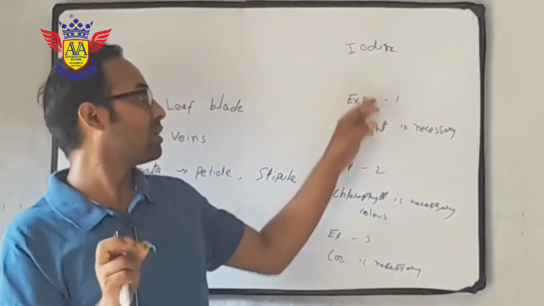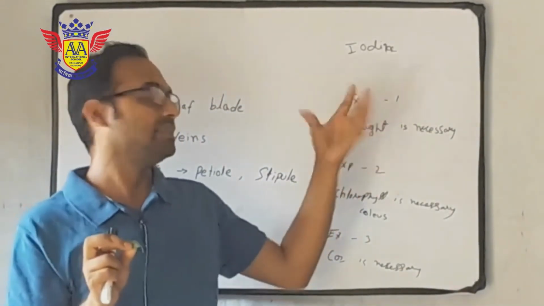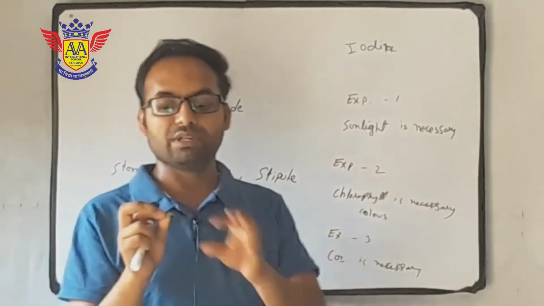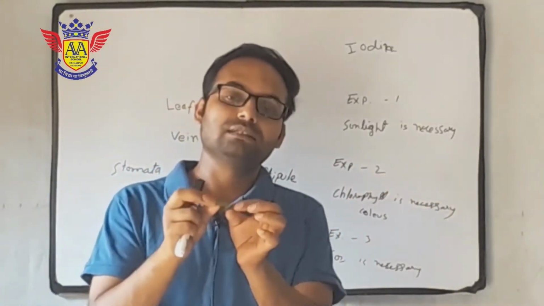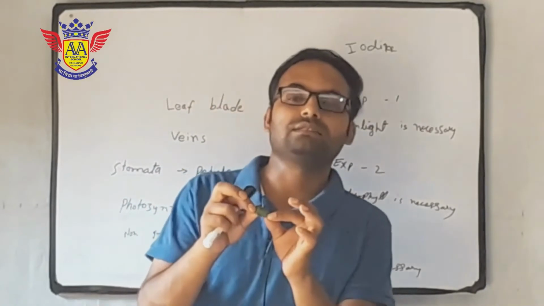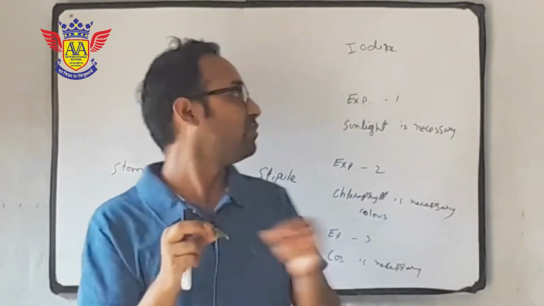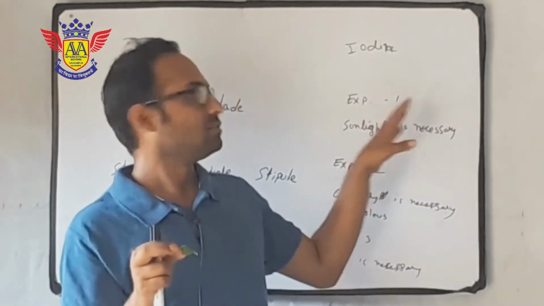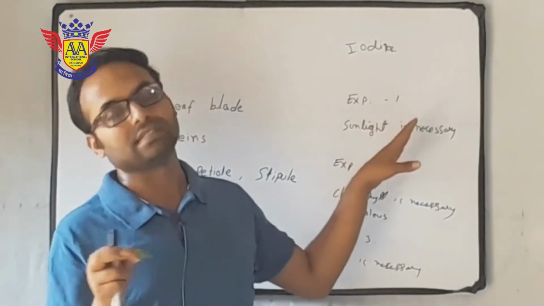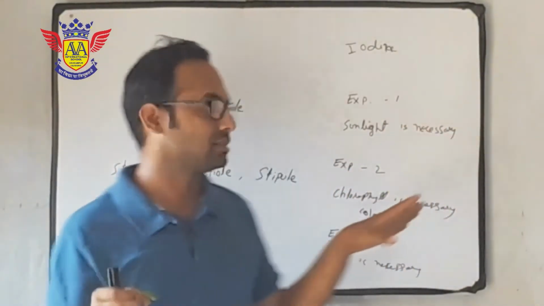If there is no color change, that means there isn't starch, so no photosynthesis has taken place. This indicates that sunlight is necessary for the process of photosynthesis.